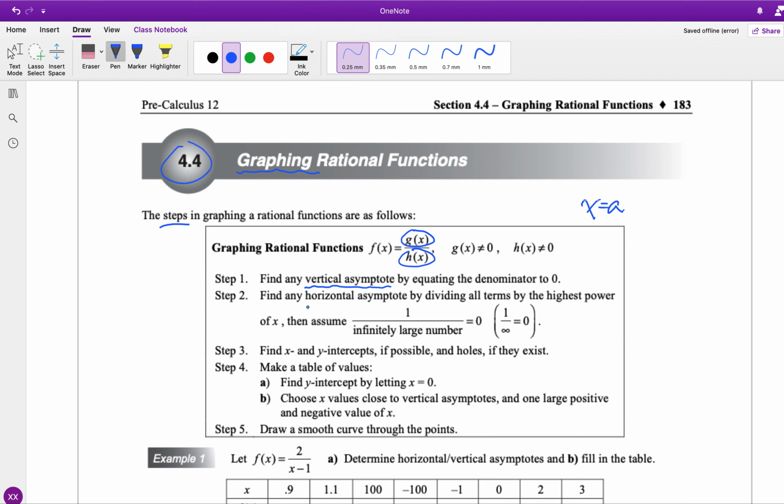Now, the second step is to find the horizontal asymptote. When we find the horizontal asymptote, we divide by the highest power.